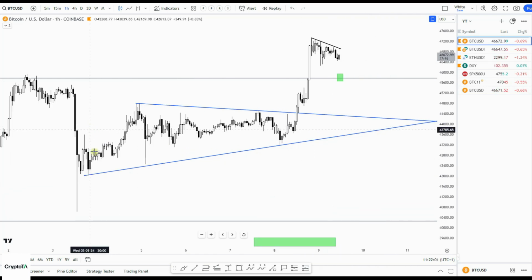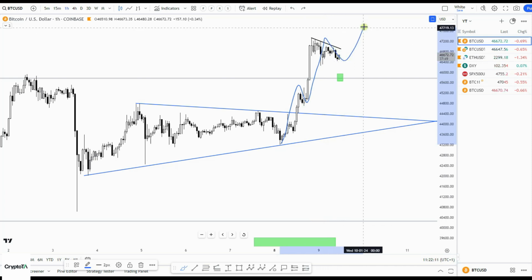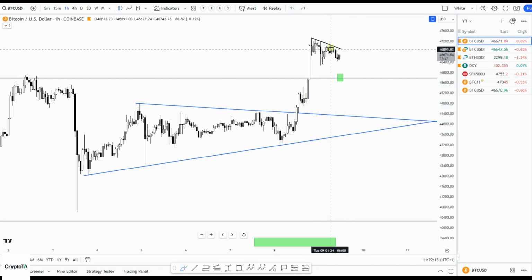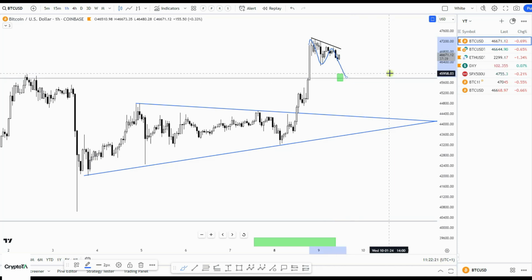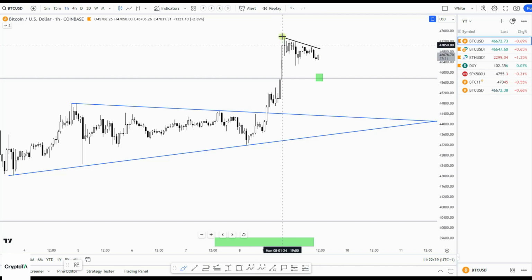Then you can see that we had that breakout yesterday, a minimum of a pullback, and right now it looks like we do 1, 2, 3, 4, 5 bull flag here, which is a possibility that we do this ABC correction towards, let's say, 46,000. So a little bit lower than where we are right now.